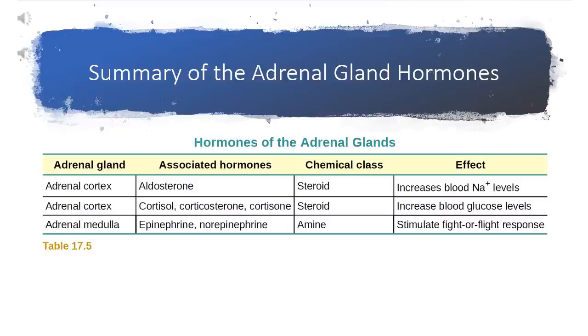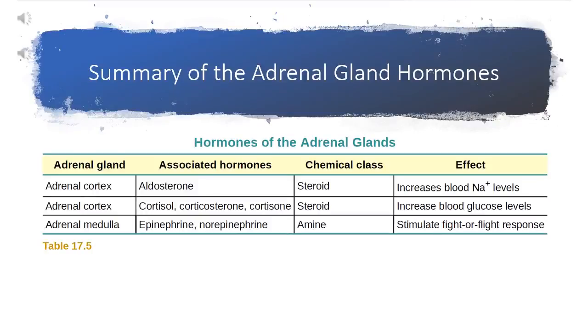So we know that aldosterone is a mineralocorticoid, and it's going to work to increase blood sodium levels and excrete potassium. And we also know that cortisol, also a steroid hormone, is going to increase blood glucose levels. And cortisol increases blood glucose levels through the stimulation of gluconeogenesis.